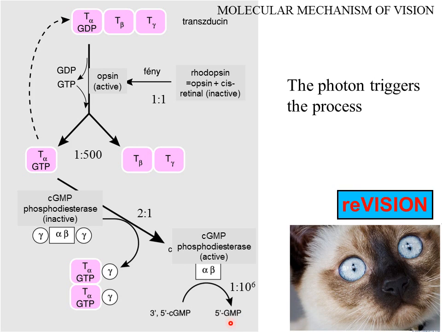And as you recall, cGMP kept sodium channels open and kept these rods and cones depolarized, so when cGMP is cleaved, then these sodium channels will close, and therefore rods and cones hyperpolarize compared to their regular potential. So the whole process, of course, because you're supposed to be seeing through this, is triggered by the photon.